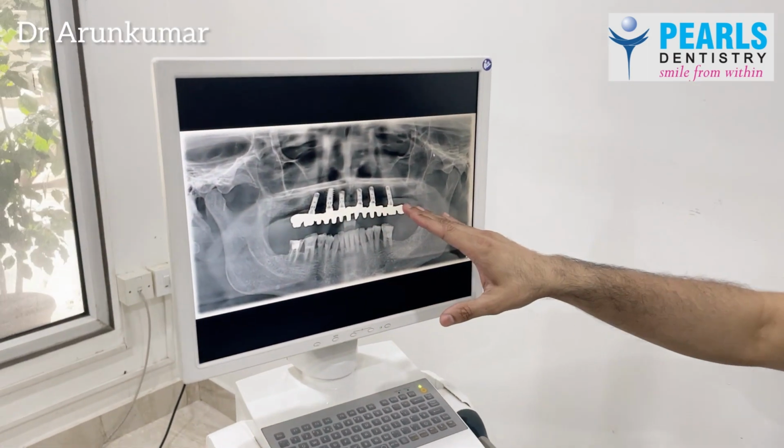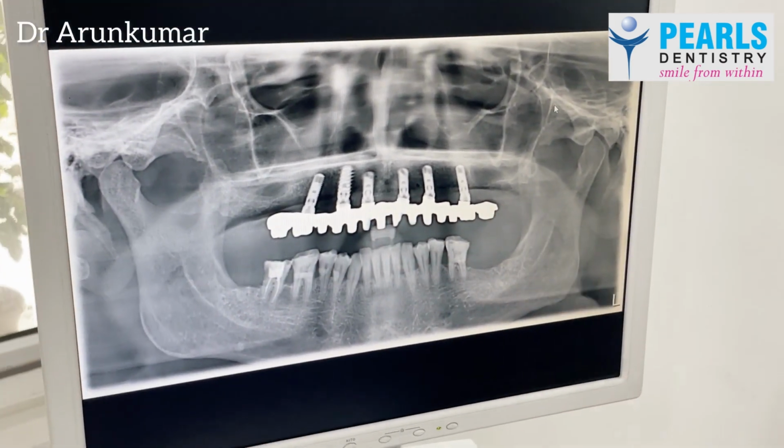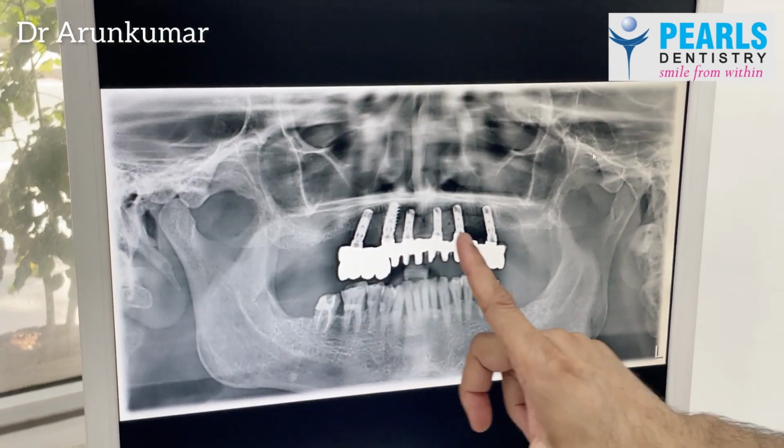Also, the replacement can be made completely of zirconia, or it can be made of a titanium bar. On top of the titanium bar, we can also give a zirconia replacement or an EMAX replacement. So these are the various options available for the replacement, based on the criteria whether we can give a full arch, connect it with the bar, and then replace the teeth individually.